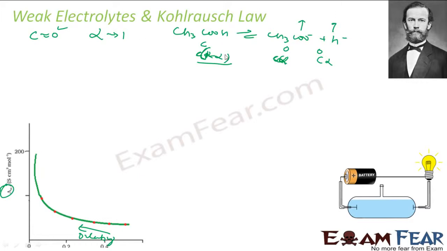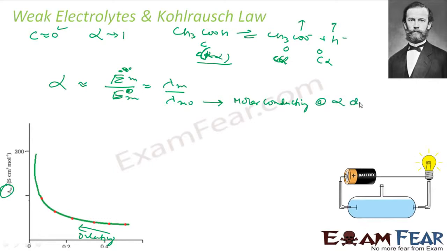If alpha is my degree of dissociation, I can easily approximate alpha to be the ratio of molar conductivities, lambda m by lambda m naught, where lambda m naught is my molar conductivity at infinite dilution, where C is almost equal to 0, and lambda m is the molar conductivity at concentration C, some value.